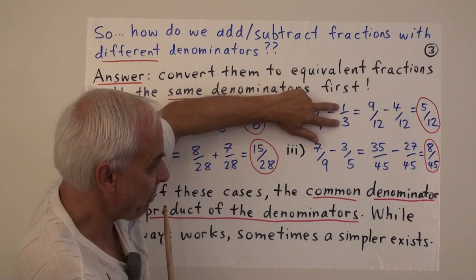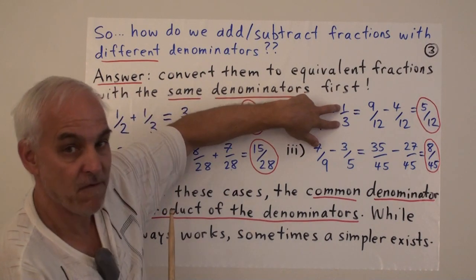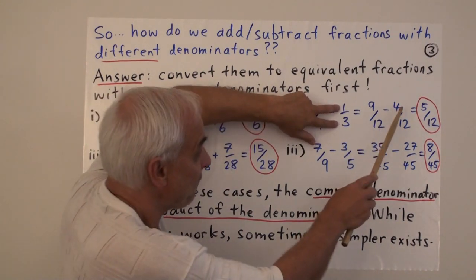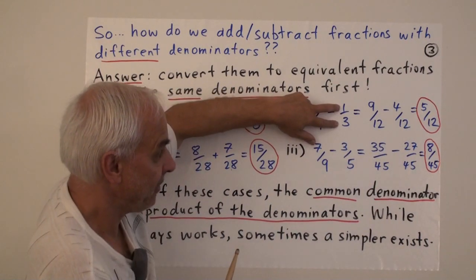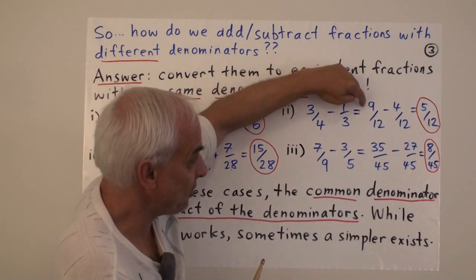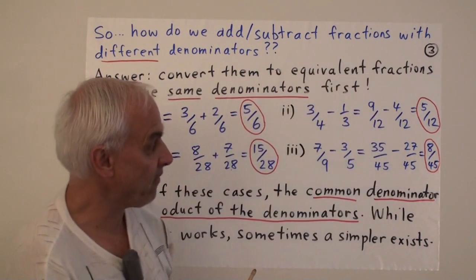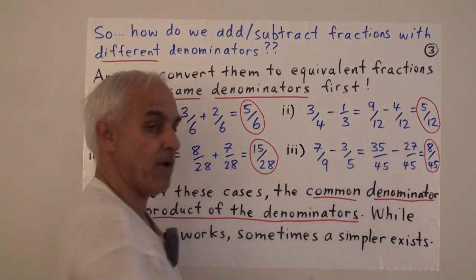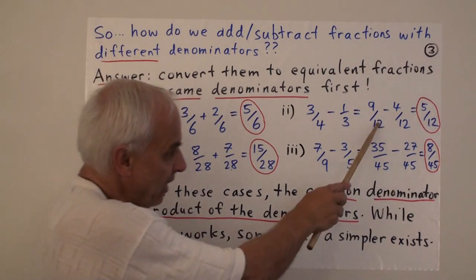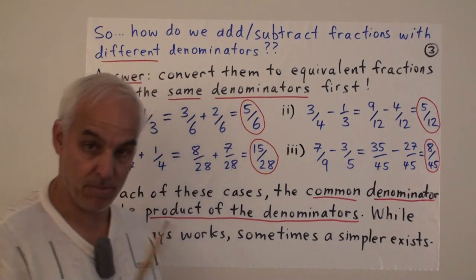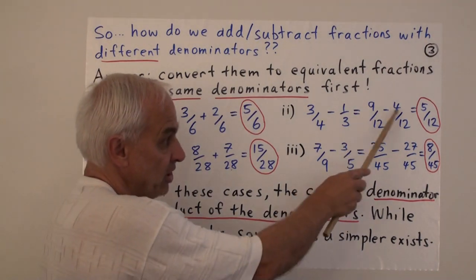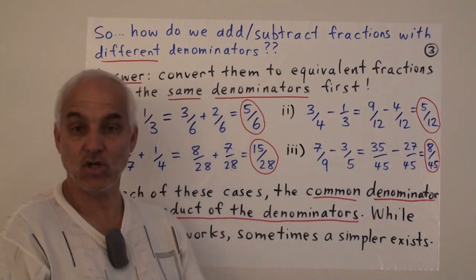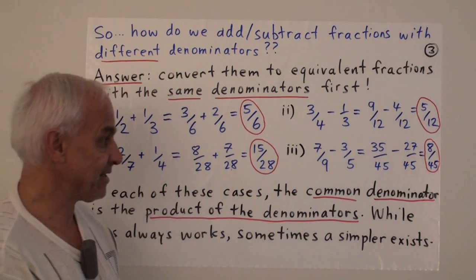And we can multiply top and bottom of this fraction by 4, giving us 4 over 12. So this is equal to 9/12 minus 4 over 12, which is 5 over 12. Once we get the same denominator with both fractions, then the subtraction is just the subtraction of the numerators, just like in the previous slides.